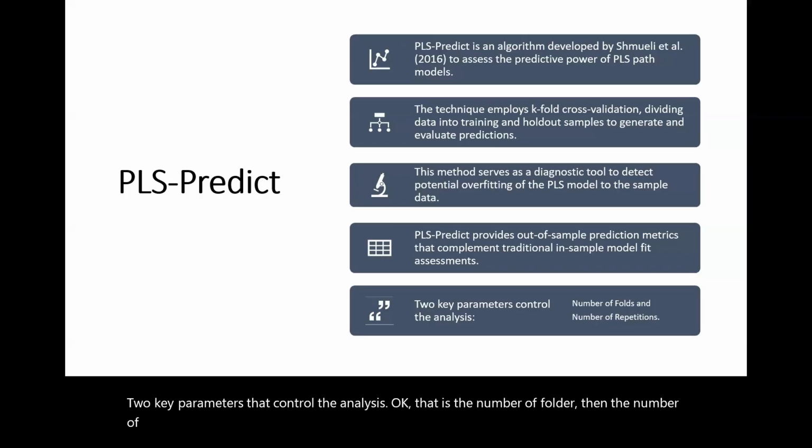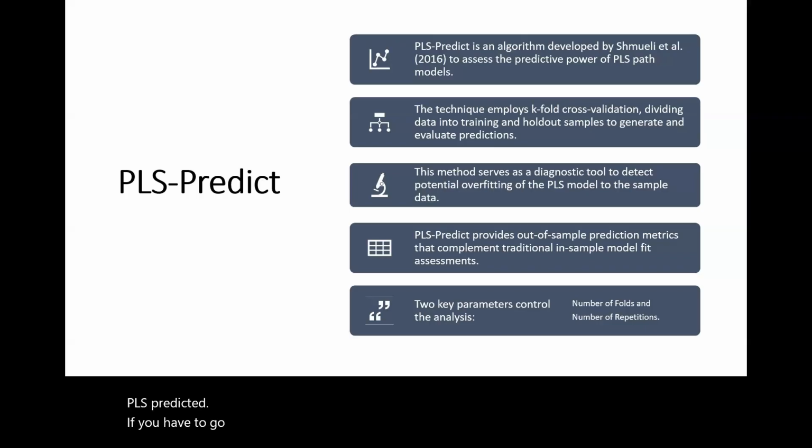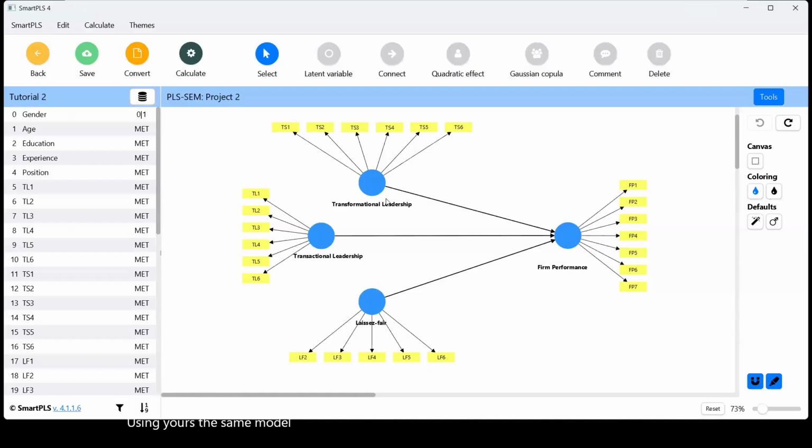So the whole idea of PLSpredict is that if you have to go back and take the data from respondents again, using the same model, we have our model here, we have 1, 2, 3, 4.